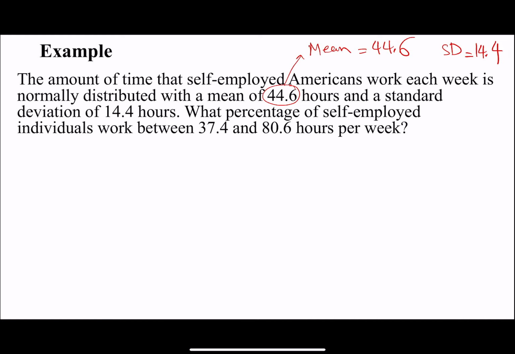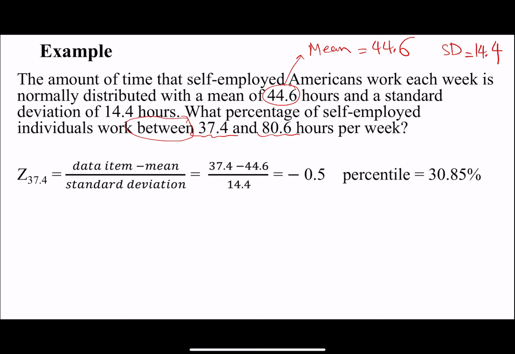What percentage of self-employed individuals work between 37.4 and 80.6 hours per week? So you want to find the percentage between two particular items. You find the z-score for each one, you find the percentile for each one, and then you subtract.